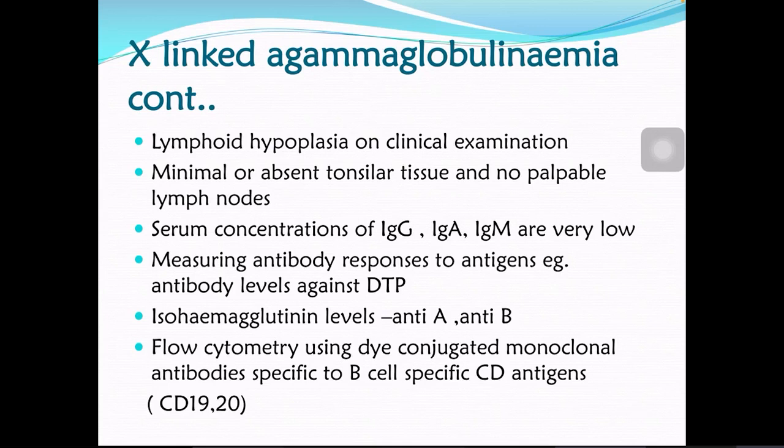So in a patient who presents to you beyond 4 to 5 months with recurrent pneumonias or recurrent otitis media, you may have to consider whether they could have agammaglobulinemia. Your clinical examination will be useful, and if you do have suspicions, then it is good to do serum concentrations of immunoglobulins.